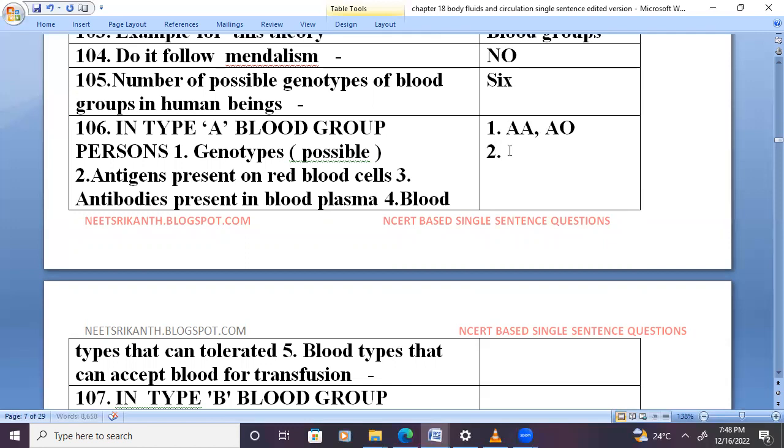Antigen present on the red blood cells: A. Antibodies present in the blood plasma: anti-B.